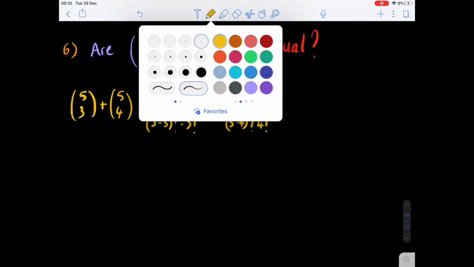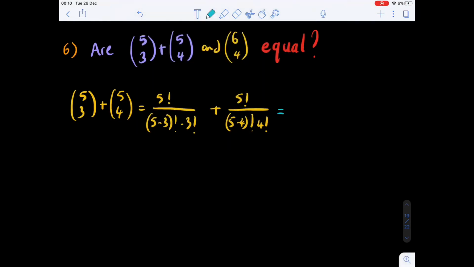So after handling this, we have 5 times 4 times 3 factorial over 2 factorial times 3 factorial, plus 5 times 4 factorial.